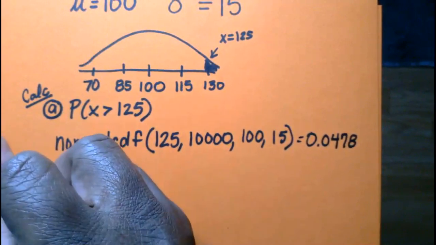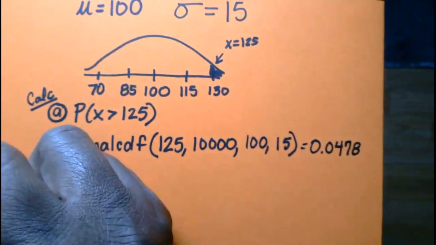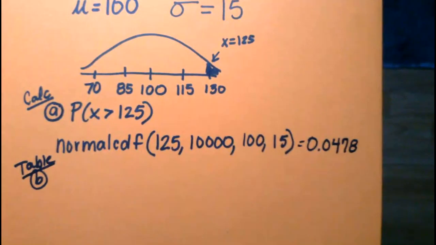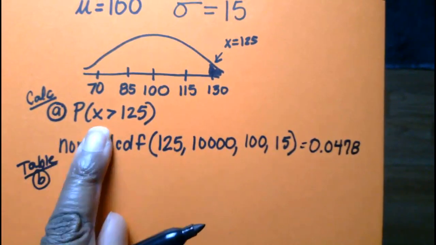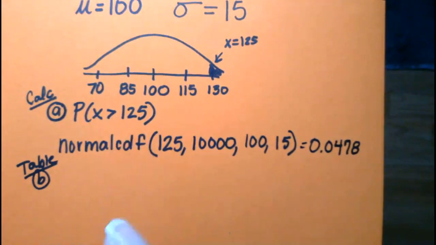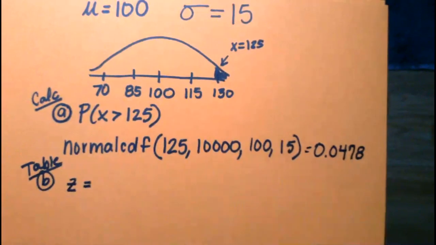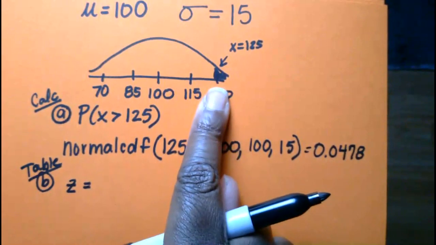Now for the table, meaning you like to use table 4. If you're using table 4, remember we have to convert our x to a z-score. We have to convert our x to a z-score if you're using a table. And because it's greater than, we're going to have to do 1 minus our area that we see on the table.